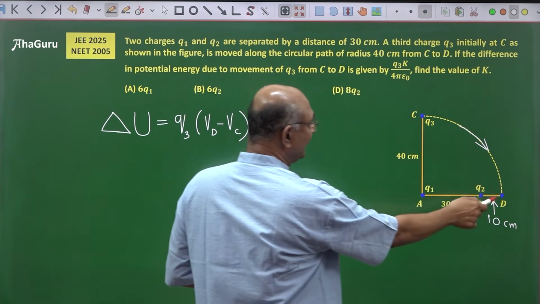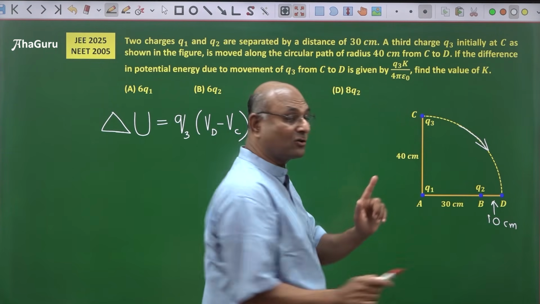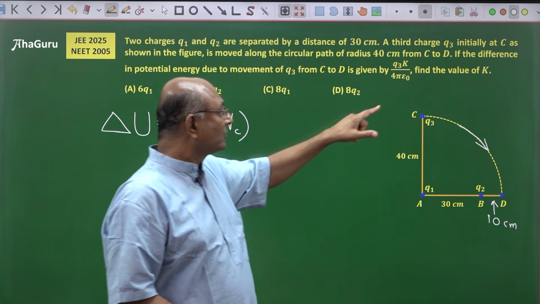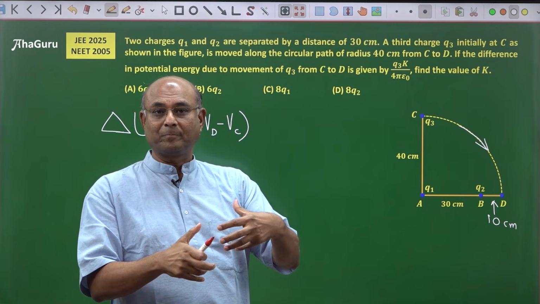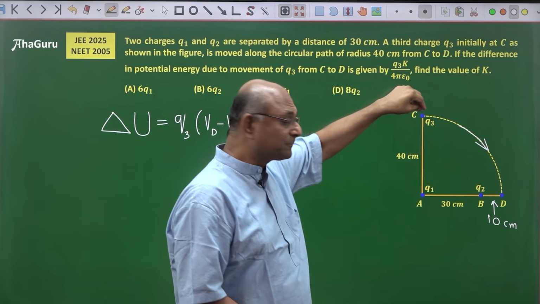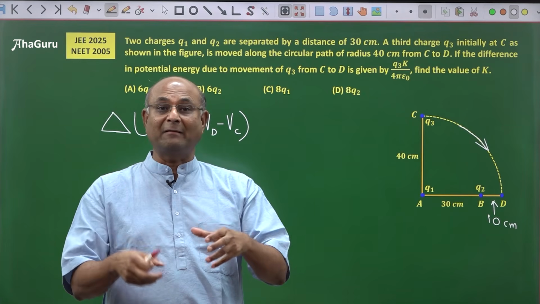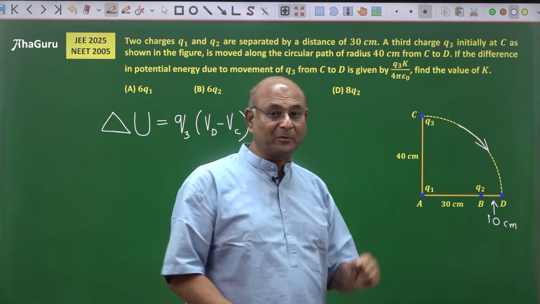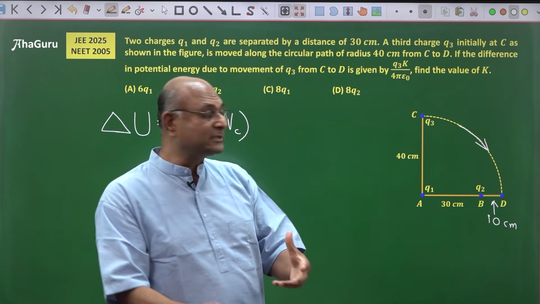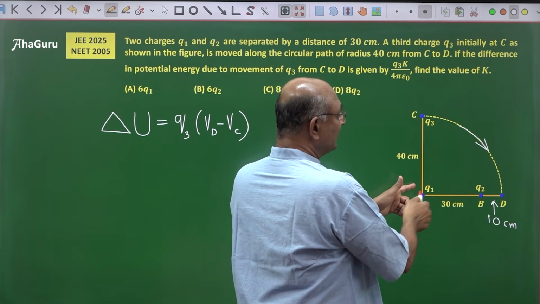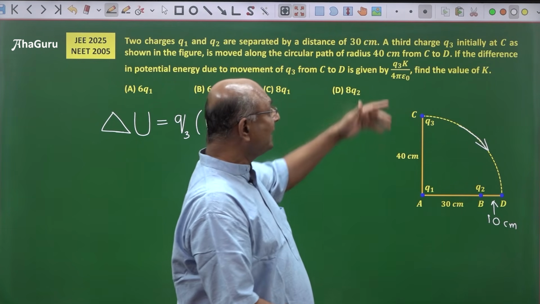Now when we say Vd and Vc, Q3 doesn't contribute to Vd and Vc. Q3 feels the potential, right? Q3 is going to feel that potential, and it's going to basically have a potential energy because of the potential. But who produces the potential? The potential is produced by Q1 and Q2, felt by Q3.